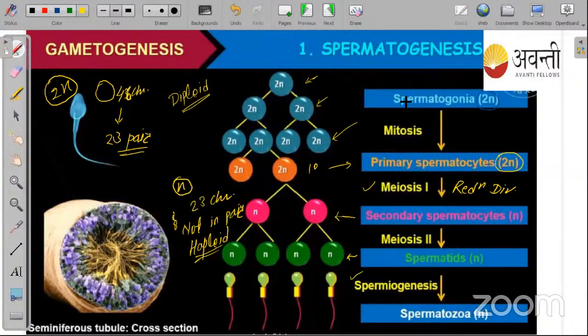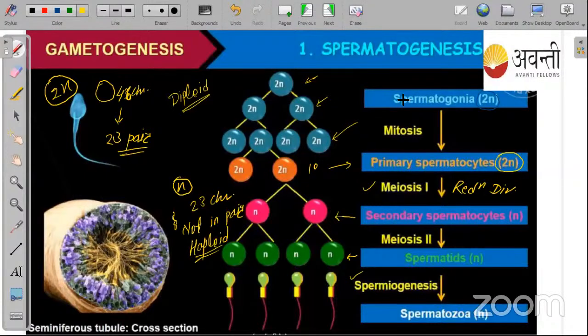So first of all, we want to discuss the different hormonal systems for the development of sperm. First we have to look at some hormonal systems which are responsible for the development of sperm. So let's go. If you have a doubt about this overview, actually this is an overview only.